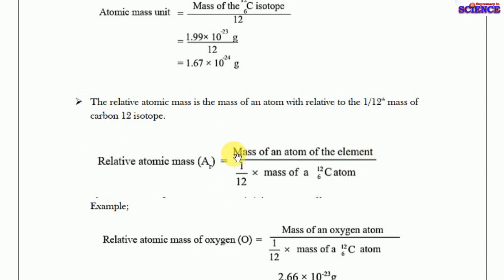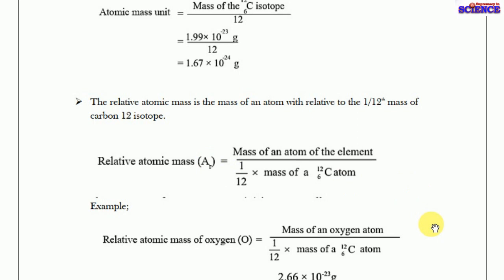Now you can see the mass of the atom is in grams. The AMU, that we call atomic mass unit, is also in grams. So gram and gram cancel out, and you don't get any unit for this relative atomic mass. It's just a count. That's why the lesson name is quantification. We are counting the number of particles the atom is made of.